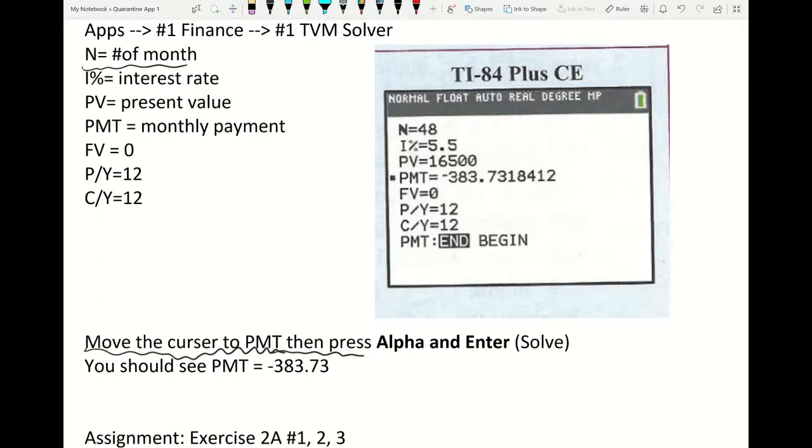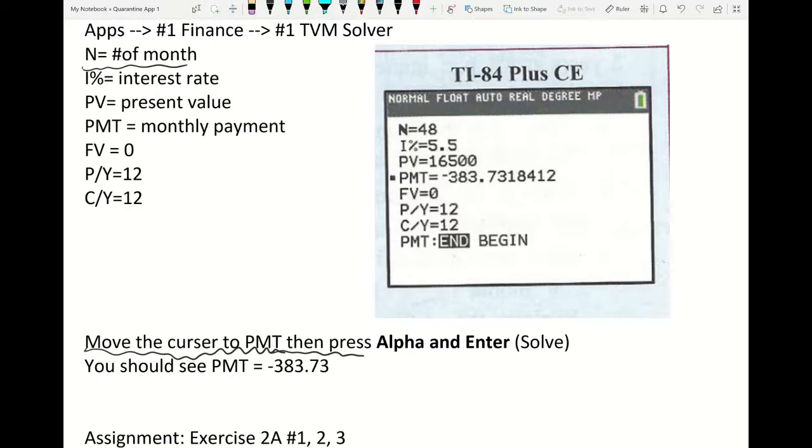383.73. Now the calculator will give you a negative value because to the calculator, money that is leaving you is negative, and money that comes into you will be positive. Since you're paying the money to the bank, which is leaving from you to the bank, the number is going to be negative.